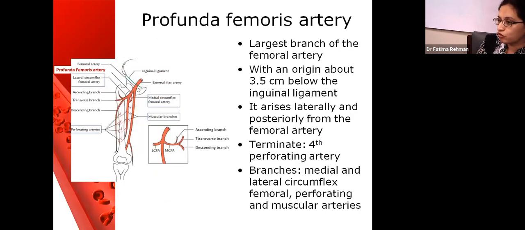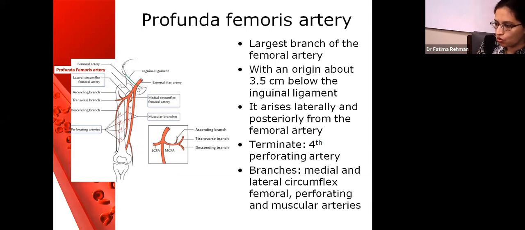Now the profunda femoris artery is the largest branch of the femoral artery that begins about 3 to 3.5 centimeters below the inguinal ligament. And it arises posterolaterally from the femoral artery.